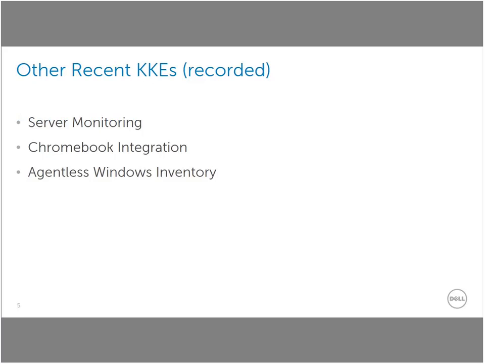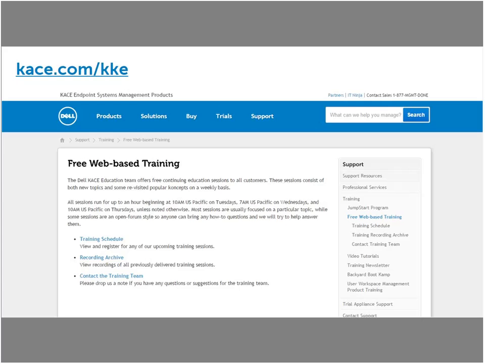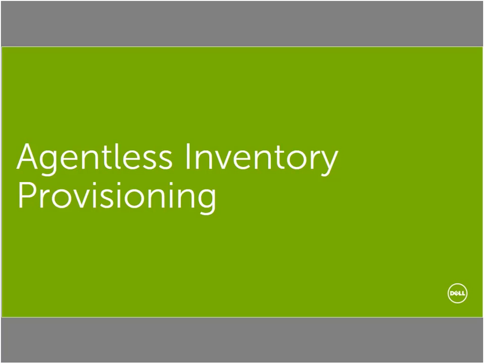There's a server monitoring one, one on Chromebook integration, and one on Agentless Windows inventory. All those are new features in 6.3. If you don't have 6.3, you probably want to take a look at them and upgrade as soon as possible. A lot of really good stuff there. Again, that's kace.com/KKE.